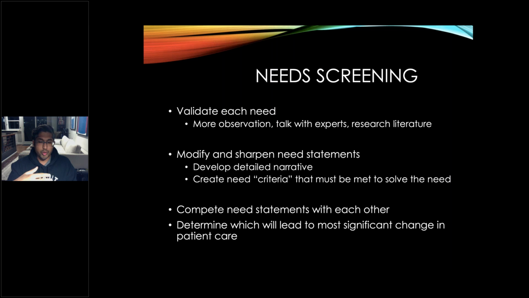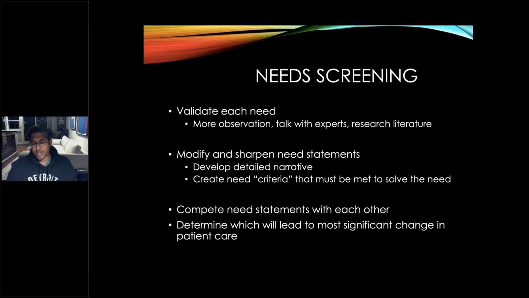As you learn more about the problem and immerse yourself in this process, becoming the expert in that problem, you want to constantly modify and sharpen the need statements. You'll end up developing dozens, if not more, need statements based on different things you've observed.